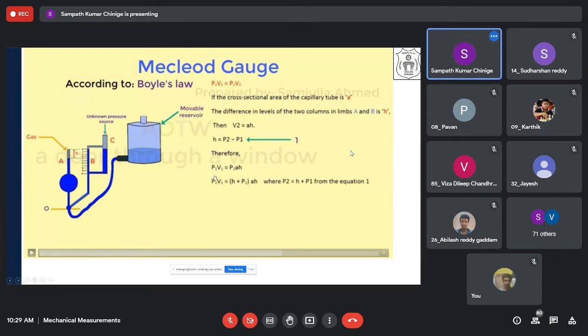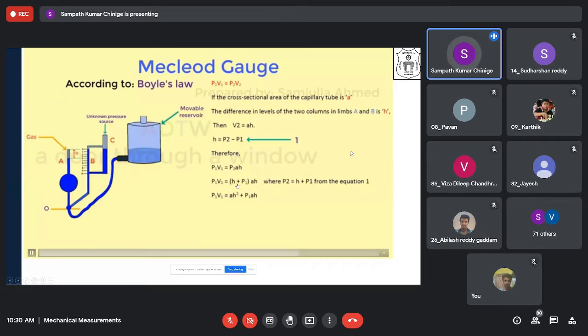P1 V1 is equivalent to P2 V2, where H plus P1 is equivalent to P2, and V2 is given by the area of the capillary tube into the height H. This will modify the expression. Now, if you converge to P1 values, how will this expression change?